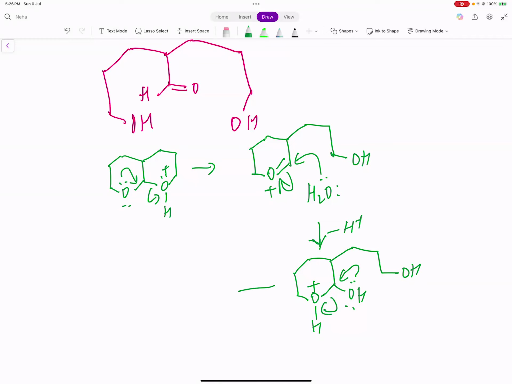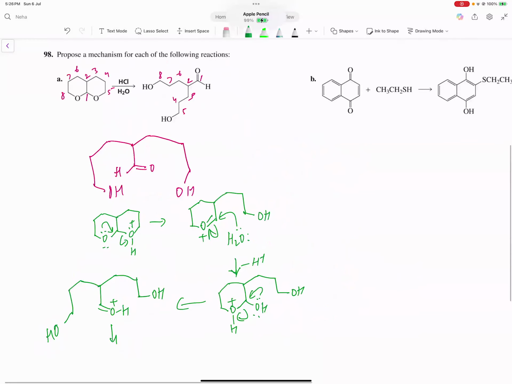I'll just draw it the other way. So it will be now the double bond, O, H plus, and it'll lose the proton, right?